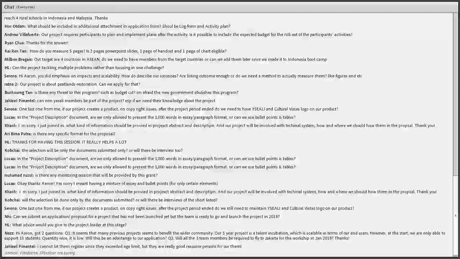For the Seeds implementation period, you have to use the YSEALI Seeds, Cultural Vistas, YSEALI, and U.S. State Department logos. Afterwards, you may say started with, but you will not need to use them.